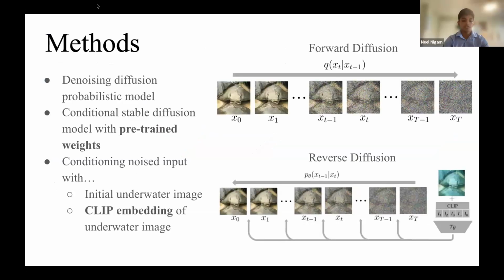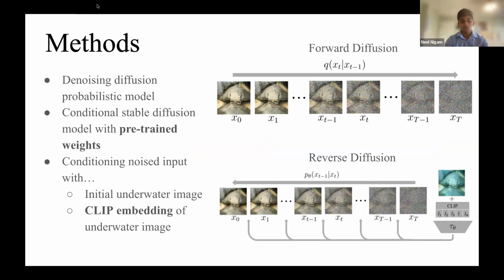So to go over our methods, our method will involve using a denoising diffusion probabilistic model, which will be used to conduct domain transfer and convert the underwater images to above water images. Specifically, we involve pre-trained stable diffusion, which has already been trained on primarily above water images.